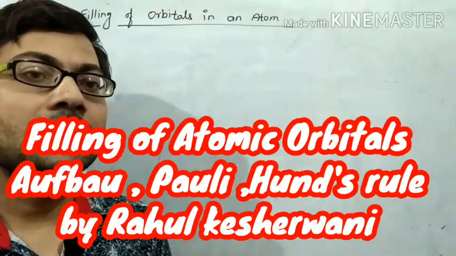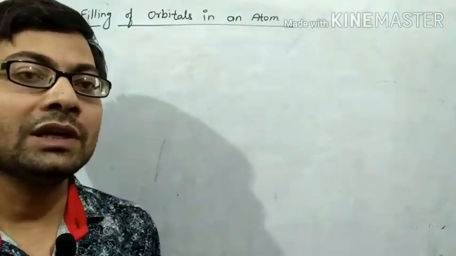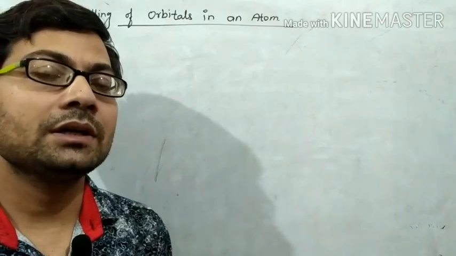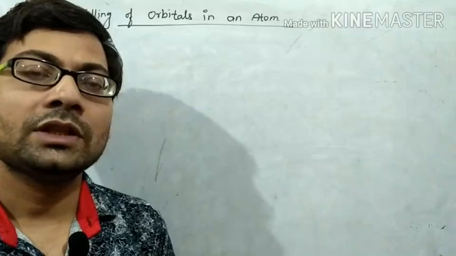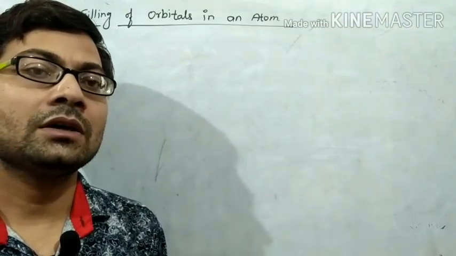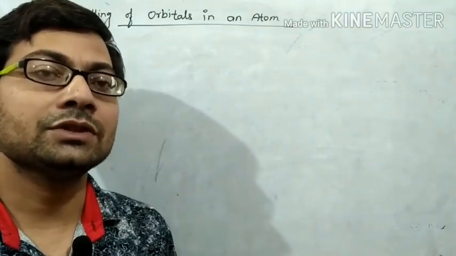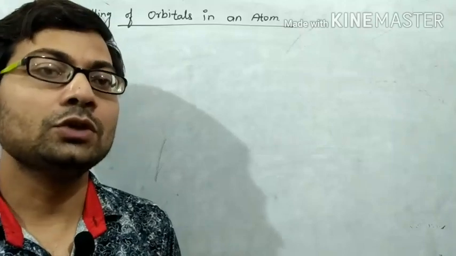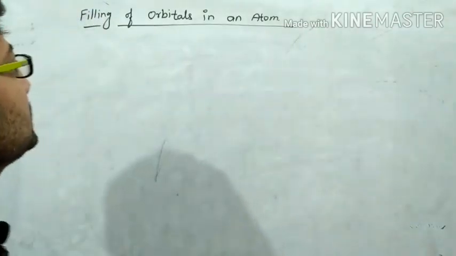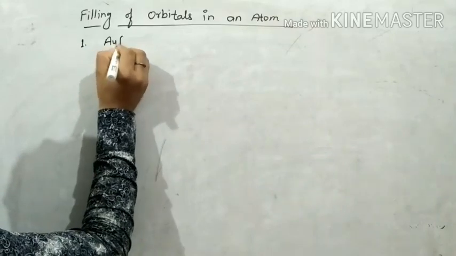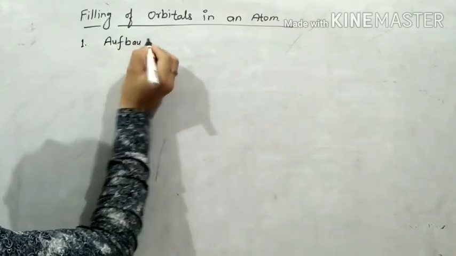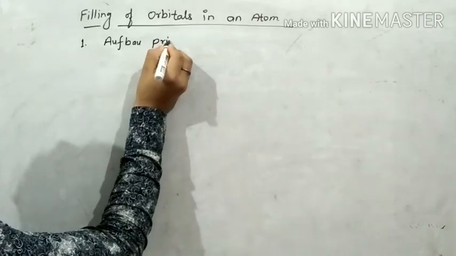Today I will start how we fill the atomic orbitals present in an atom. The filling of orbitals has three laws, three rules. The first rule is the Aufbau principle.